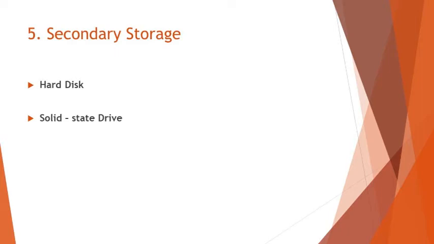The hard disk is for the medium term storage of data, and the SSD is a device similar to the hard disk but containing no moving parts and storing the data in digital format. So it is faster than the hard disk and it is widely used nowadays. SSD is one of the most important aspects regarding the secondary storage. So we have the hard disk and the SSD under the secondary storage.